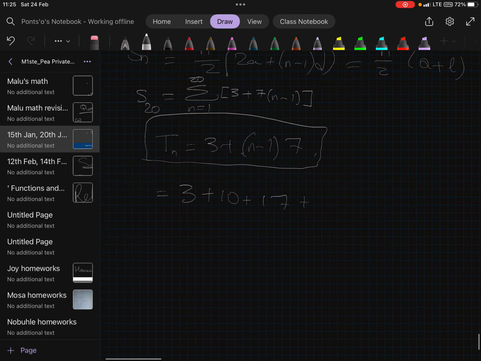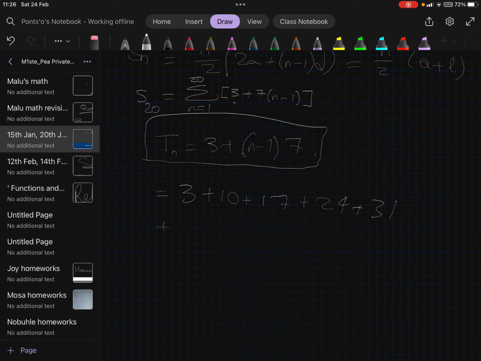If we do that for n equals 4, we'll have 4 minus 1 is 3 times 7 is 21 plus 3 is 24. We do that again for n equals 5, we'll have 5 minus 1 is 4 times 7 is 28 plus 3 is 31.